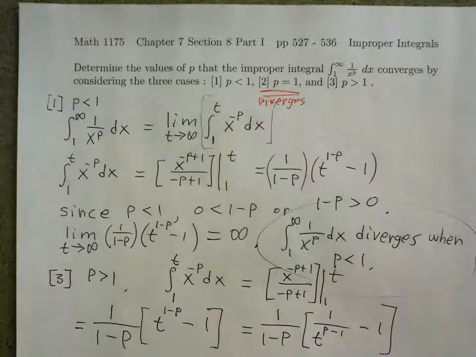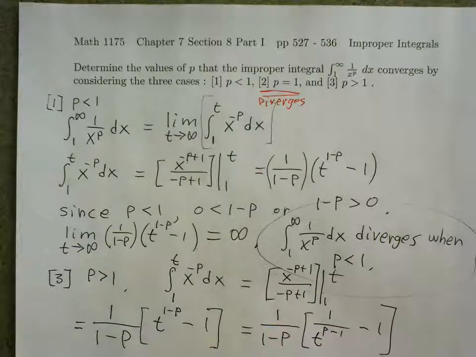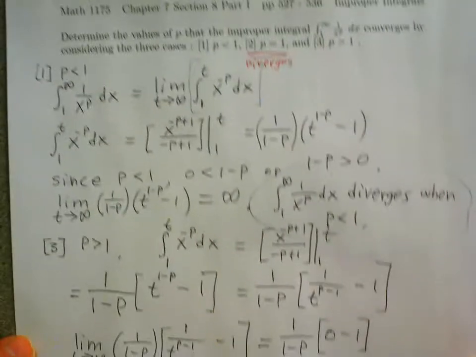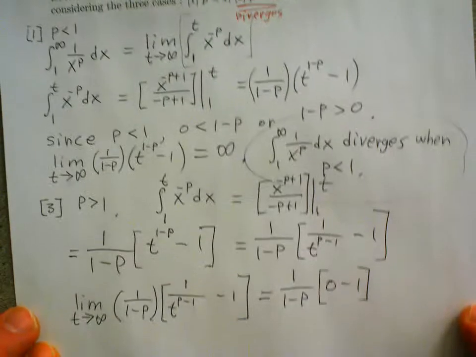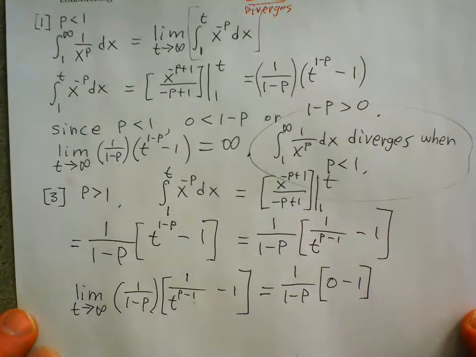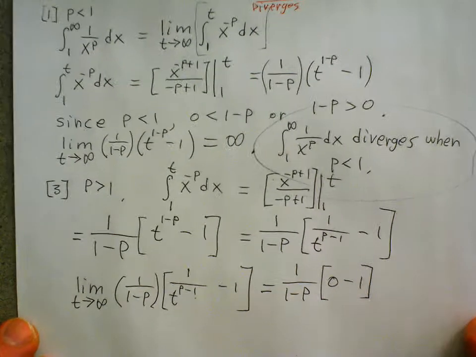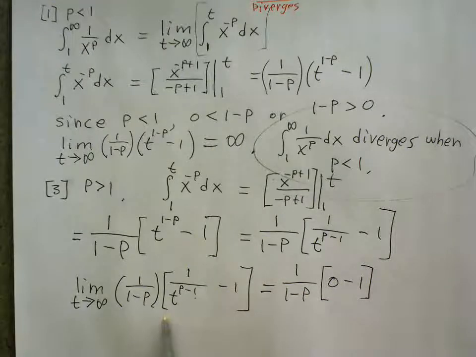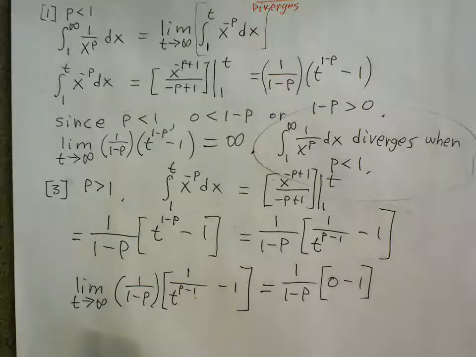So the limit exists. Do you see how we can simplify this product here? 1 over 1 minus p times 0 minus 1. Oh, sorry. Boy, you missed a lot, didn't you? Yeah, so we took the limit of this expression as t approaches infinity.